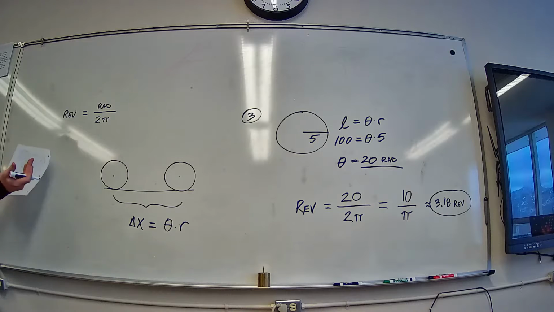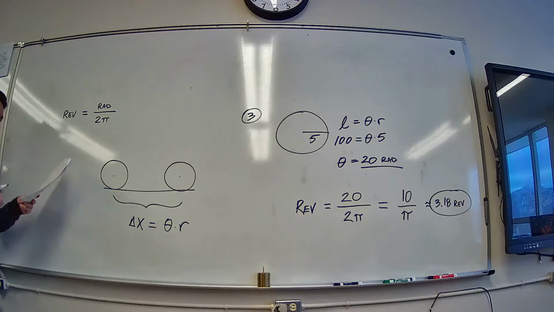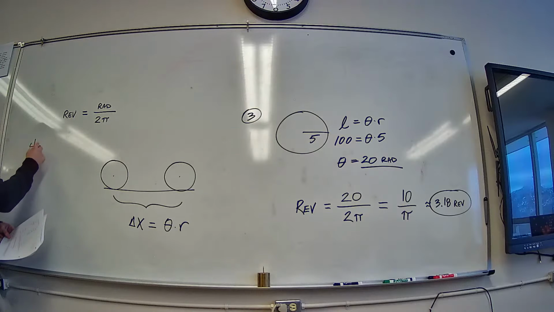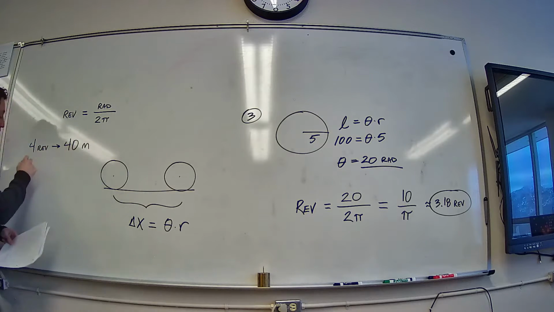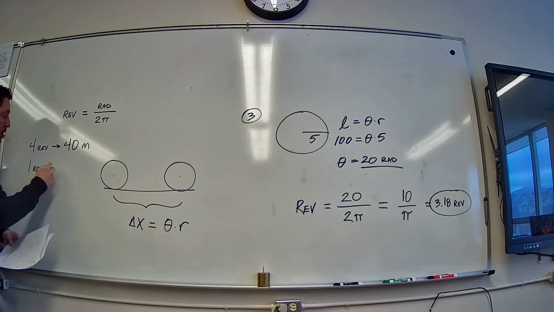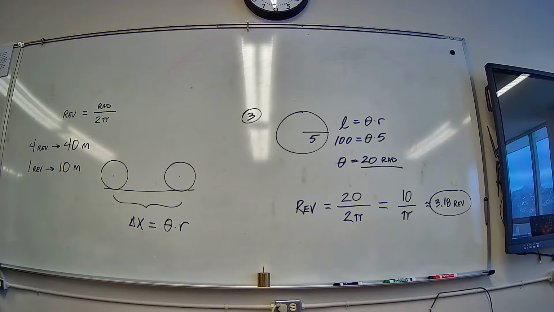So what's one way you can solve this? Maybe you can go 4 revolutions got us 40 meters. So what's 1 revolution? 10 meters. Okay. So if 1 revolution is 10 meters, what does 1 revolution correspond to in distance? 2 pi r, right? The circumference of the circle.